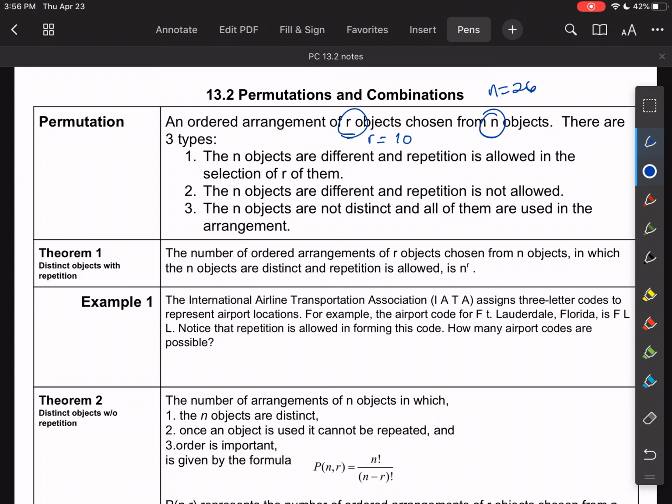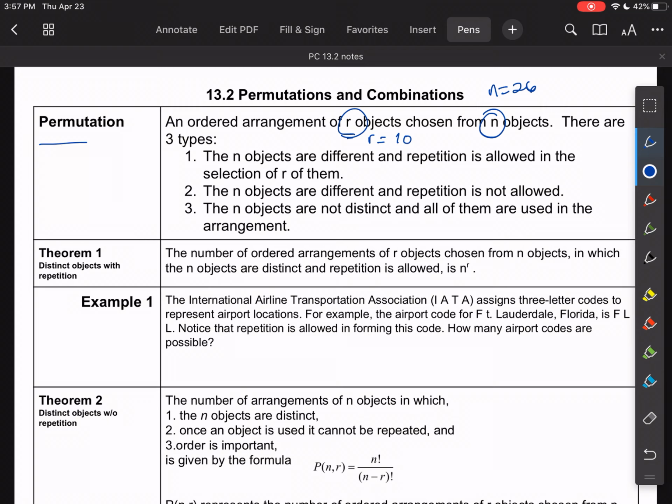So if I was doing the alphabet and finding a 10-character code, the first code that I could get would be 10 A's. So A can be repeated a number of times. We're going to look at those possibilities with repetition, and that's permutations.